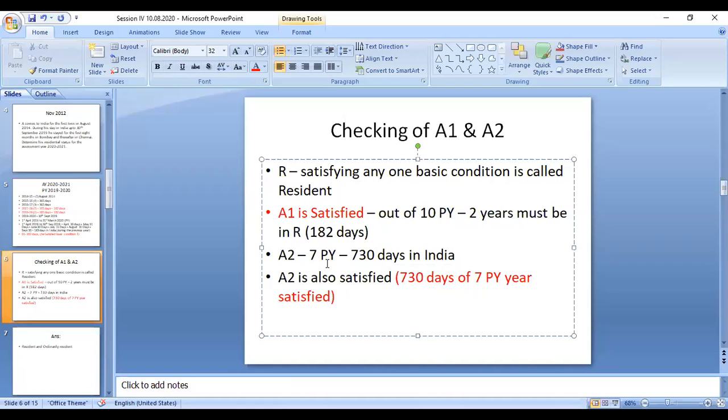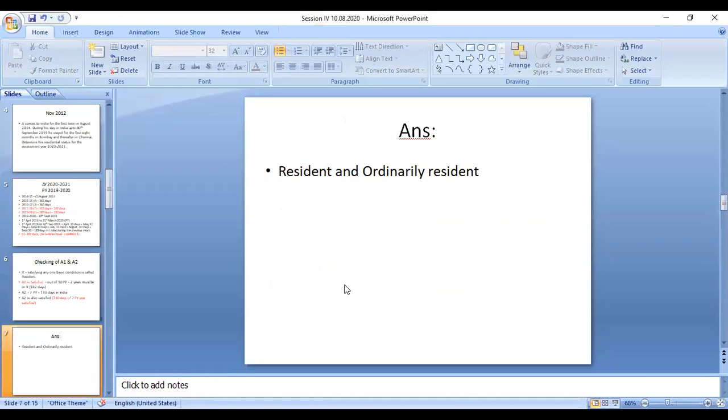Here also in the 7 previous years, you need not check all 7; you can take any 2 years. If you are staying in India for 730 days, it means he satisfies additional condition 2. Then our answer will be, in the next slide, resident and ordinarily resident.